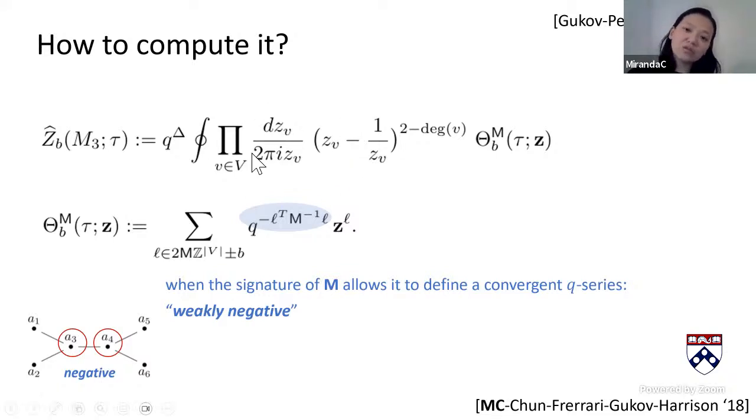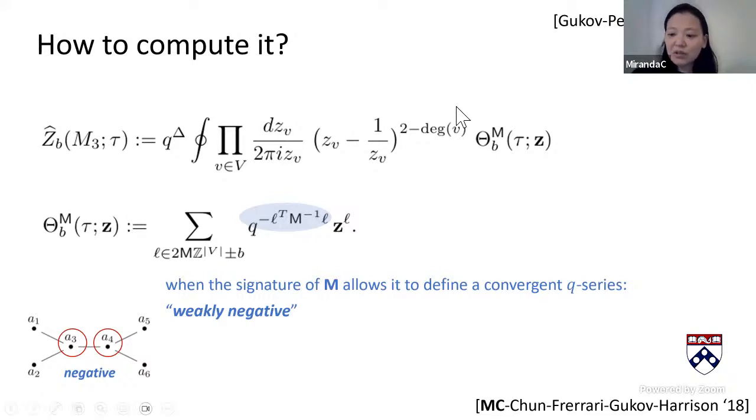Then you do a contour integral, which has the effect of picking out the chargeless component. You just pick out the part of the integrand that doesn't depend on these variables, the constant term. So that's a completely well-defined algorithm to compute it.